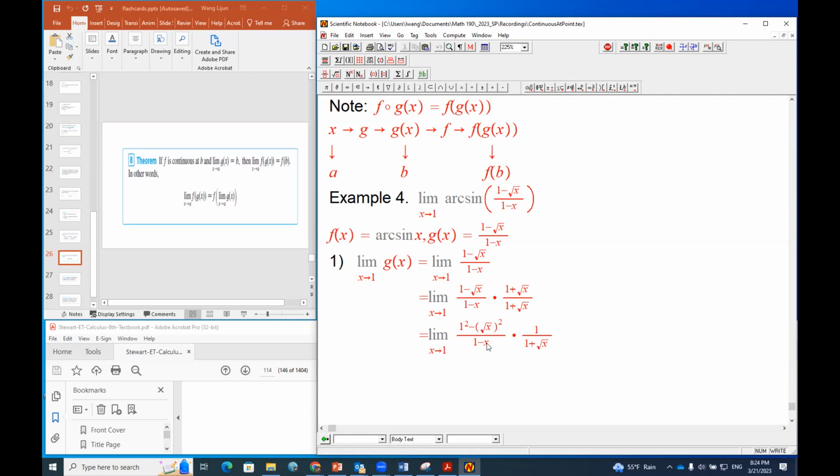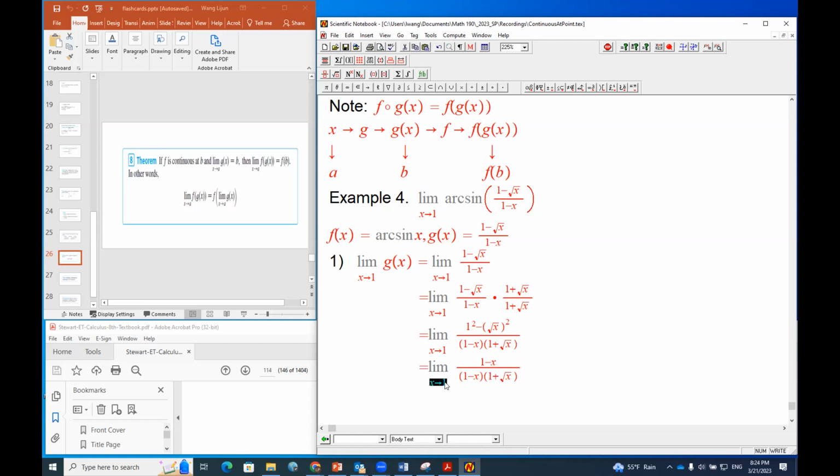The denominator is 1 minus x, and we insert parentheses to bring them together. If we simplify the top, 1 squared is 1 and root x squared is x.